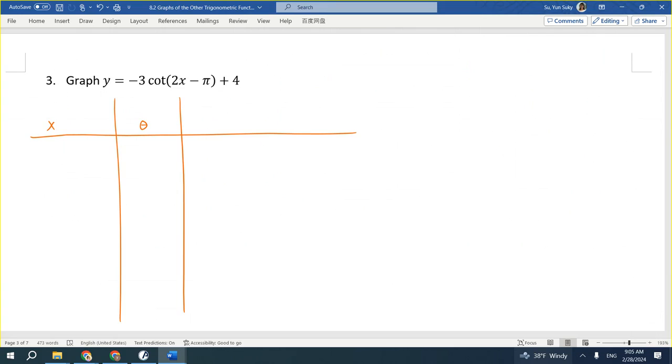In this case, the trig function is cotangent, and then the y. The y is, plug in, -3 cotangent theta plus 4. Exactly. Very good.